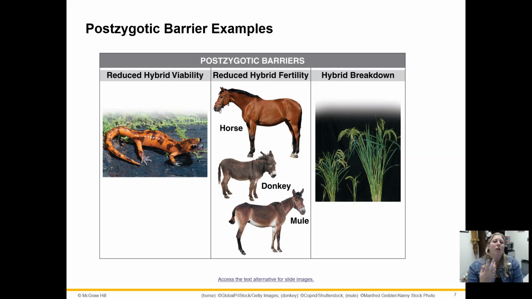Okay. Reduced hybrid fertility, or sterility, is probably the most classic example. If you started thinking about hybrids, your first thought was probably a mule or a liger. Mules and ligers are generally going to have reduced fertility, and a lot of that has to do with chromosome numbers.